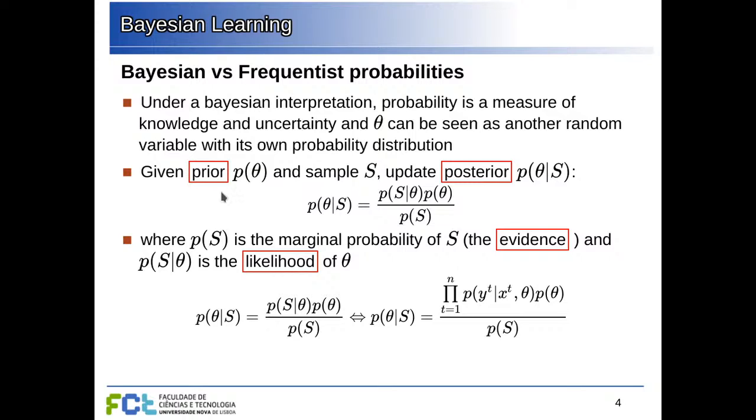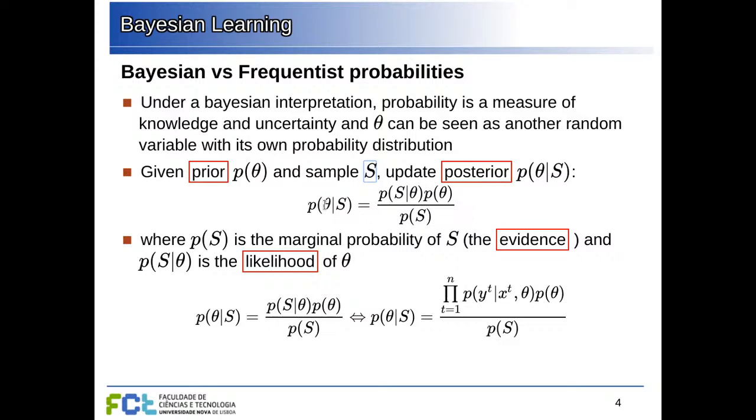So we can consider that we start with a prior probability distribution for our parameters. They are more probable in some range of values, less probable in other ranges, and so on. We have a sample of data, and now what we're going to do is update this probability distribution for our parameters, given that we have this data. And we can do this with Bayes rule.